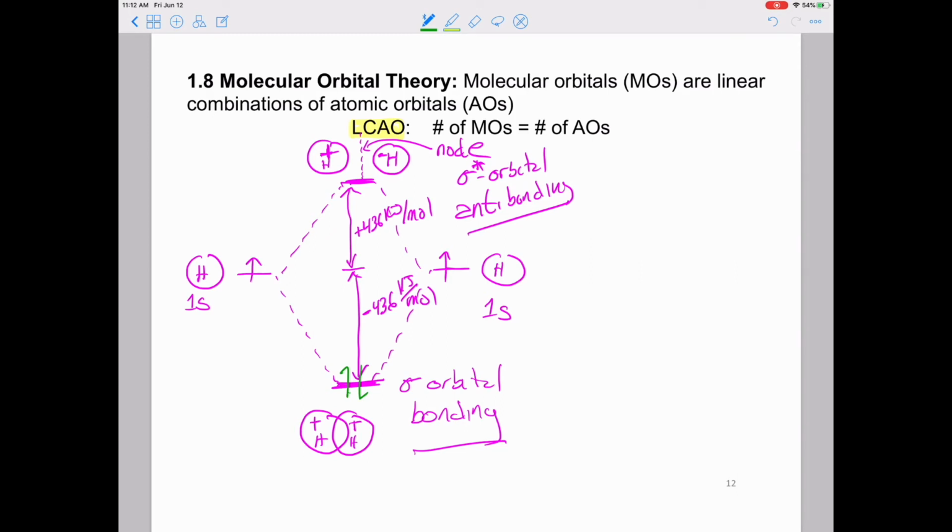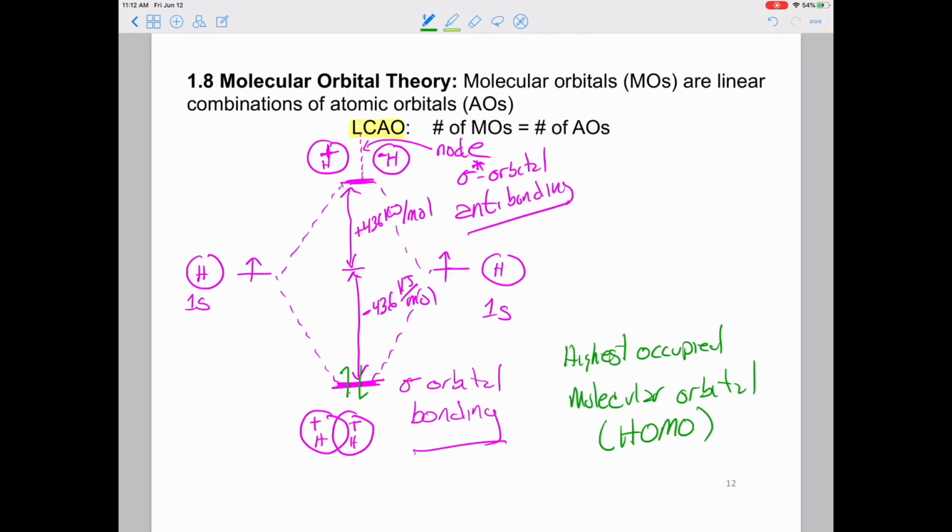The sigma bonding orbital is referred to as the highest occupied molecular orbital, or the HOMO. Okay, so that is the highest energy molecular orbital that is filled.